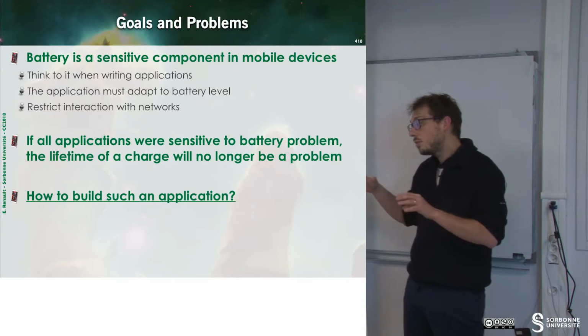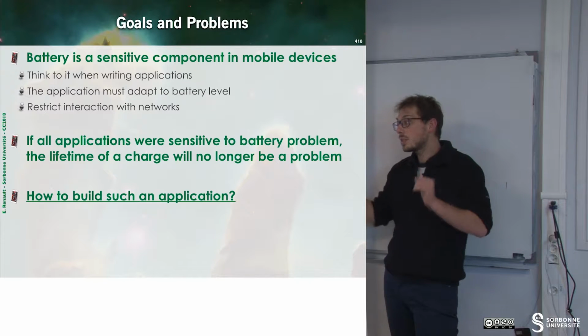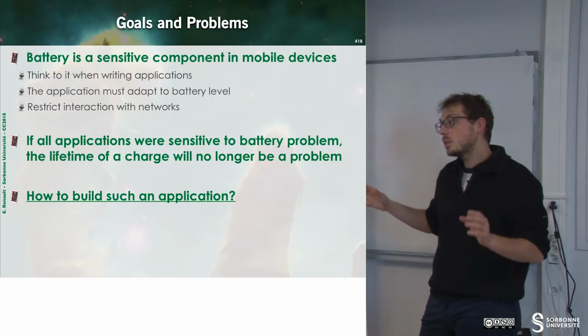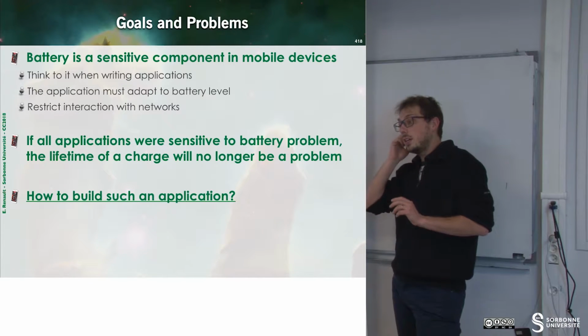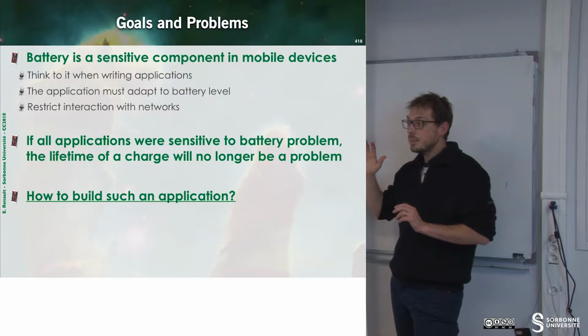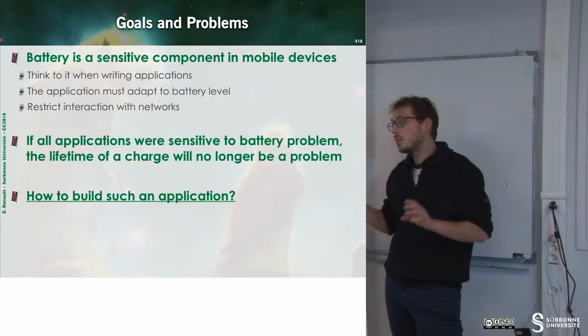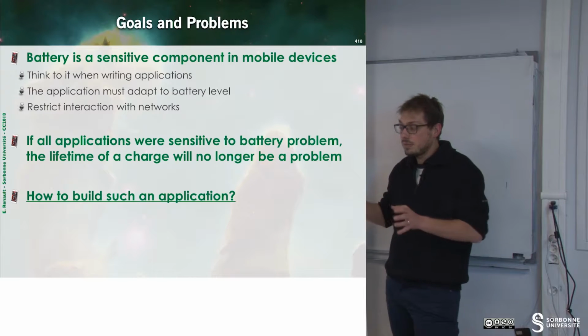And if we have low battery, we have to restrict the access to the network. So if all the applications were sensitive to this problem, there would be no problem for battery lifetime.